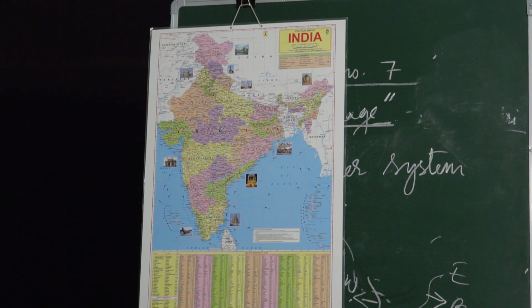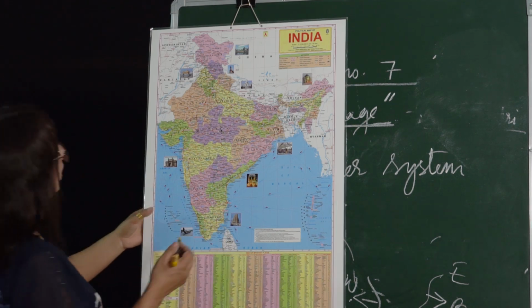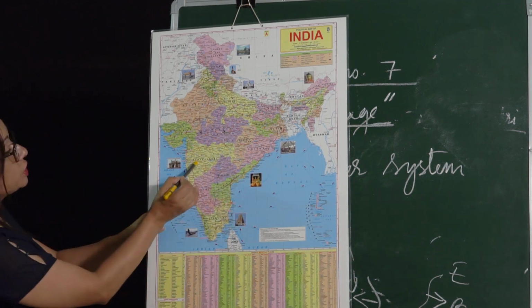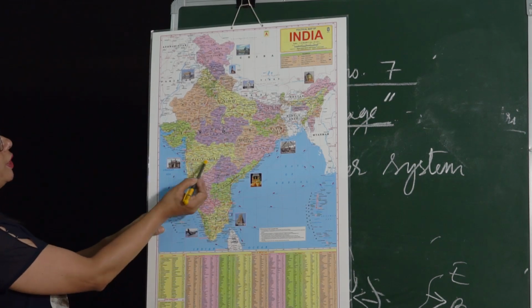Then the Krishna Basin, the next one. The river Krishna starts from a spring near Mahabaleshwar, and Mahabaleshwar is around 20 kilometers away from Mumbai, Maharashtra. Maharashtra is here, okay, you can see Mumbai here.